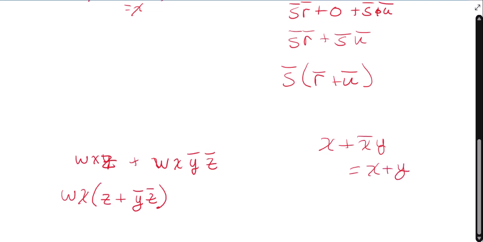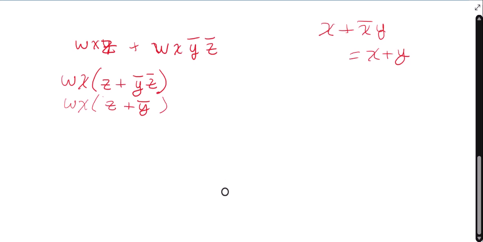So here I have my z is like my x, and my y bar is like my y. So this is the same as z or y bar.